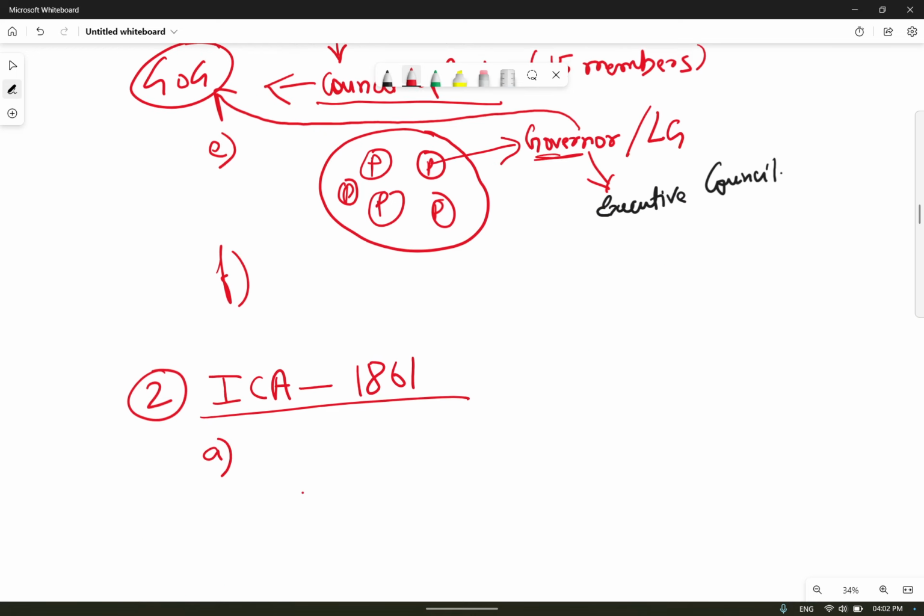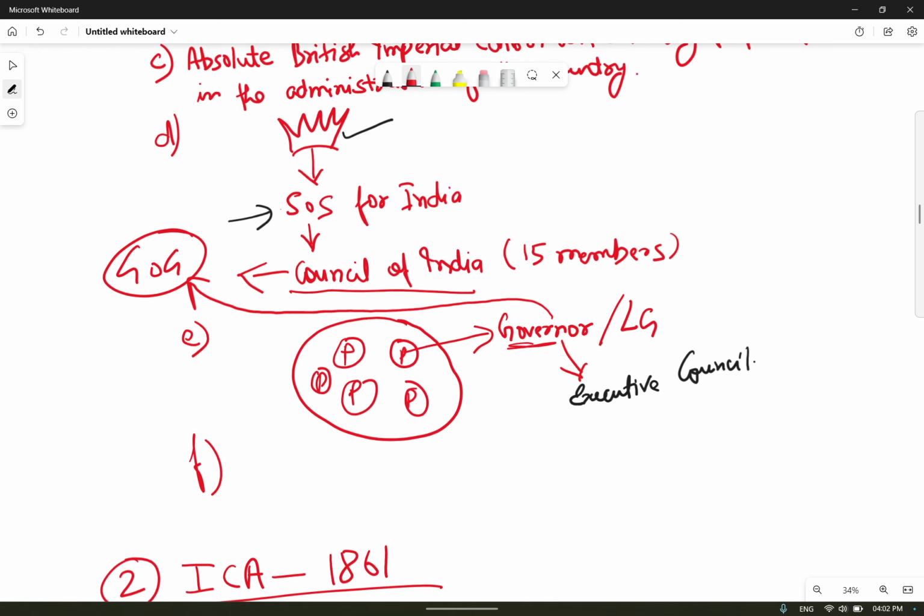So now through this Indian Council Act, they have a constitutional provision where the Crown will exercise this power through the Secretary of State for India, who will be assisted by a council of 15 members, known as the Council of India. We have already discussed this, and these things became legal provisions.